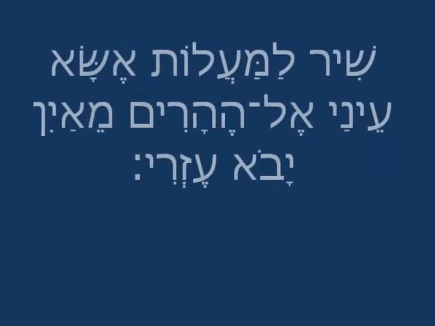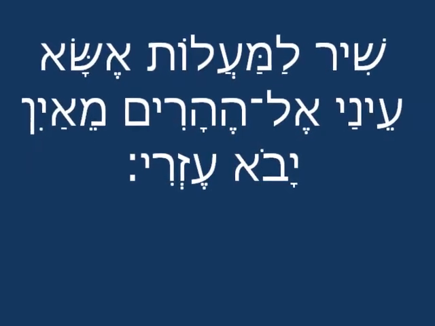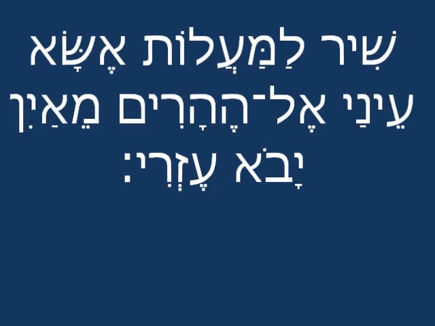Psalm 121, in the first verse: Shir lama'alot, esa enai el heh-harim. And so here we see the hey with the segol because of the hey of harim. Heh-harim, to the mountains.